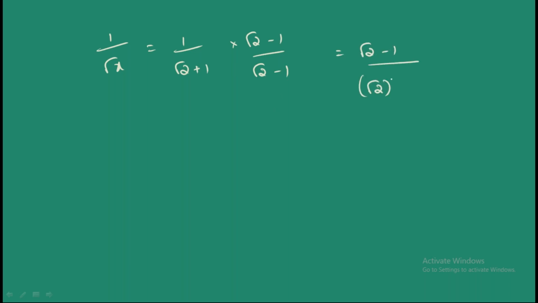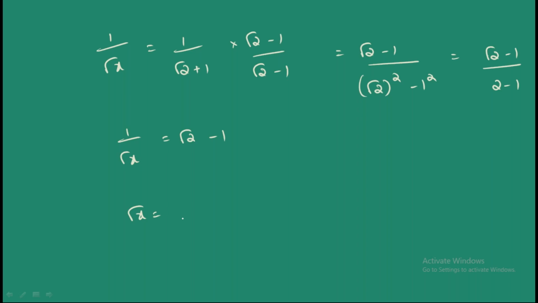Now if you want to find 1 by root x, in the sense 1 by root 2 plus 1, you have to do rationalization. So multiply with root 2 minus 1, divide with root 2 minus 1. The rationalization factor you use, multiply and divide. Then what you will get? Numerator is root 2 minus 1, denominator is root 2 whole square minus 1 square, which will be 2 minus 1. So 1 by root x is finally root 2 minus 1.